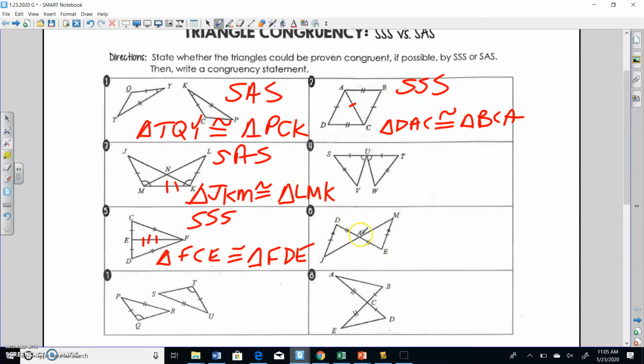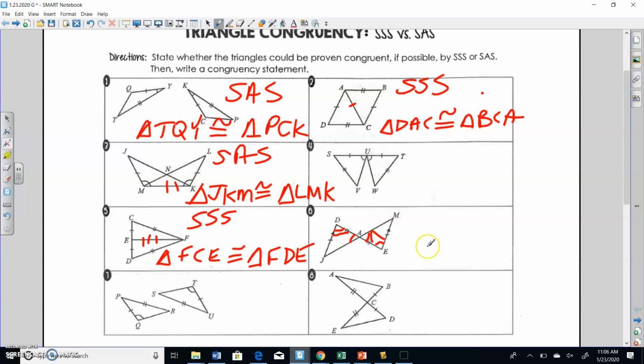Number 6, we have our vertical angles, right? We do have some other angles because of parallel lines, but remember the instructions say, are they congruent by side, side, side, or side, angle, side? Oh, wait a minute. We do. I didn't see this one right here in the last class. So we could say this angle, D, is congruent to this angle, E. And that is the included angle between those 2 sides.